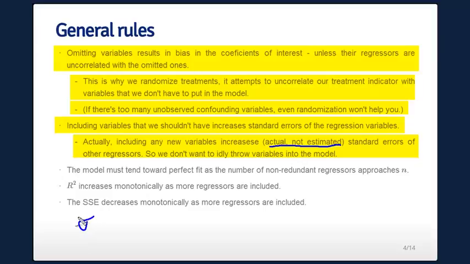There's the part that depends on the residual variance, which you have to estimate, and the residual variance has to go down if you include a regressor, even if it's unrelated to the response. And then there's the other part that involves the x's in the standard error. What you can show is that the actual standard errors, not the estimated standard errors, have to go up if you add new variables. So you don't want to add unnecessary new variables.